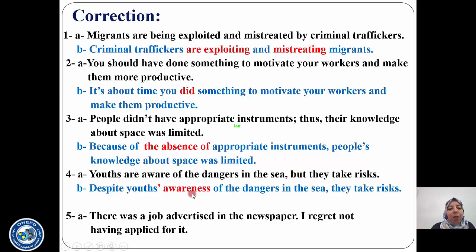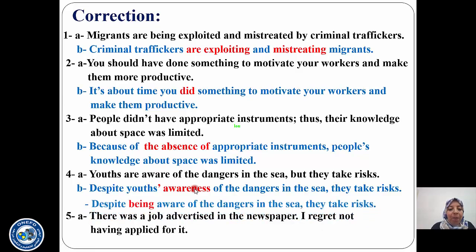Now suppose that you don't know the noun of this adjective. There is another solution. It is to use the gerund. Despite being aware. See, how did we bring this gerund from the verb used in the sentence? The verb is are from the verb to be.